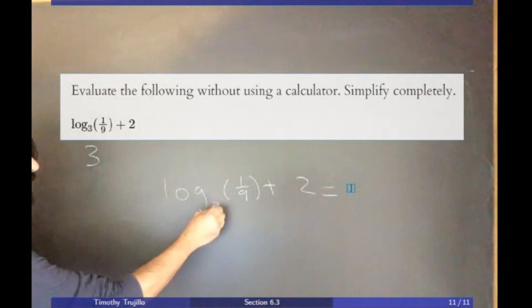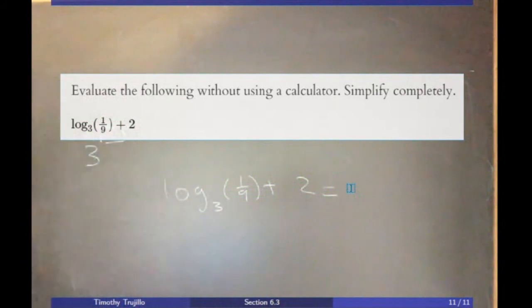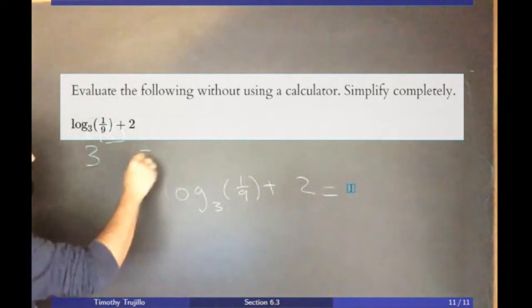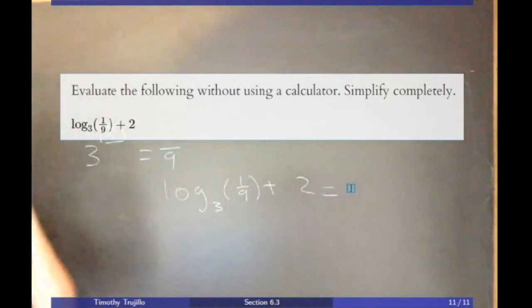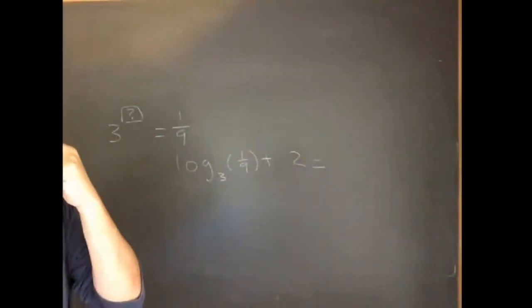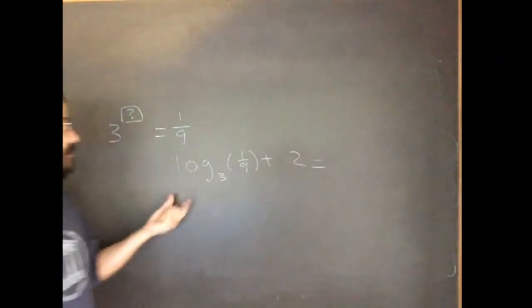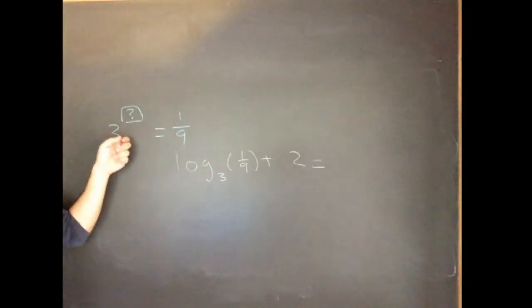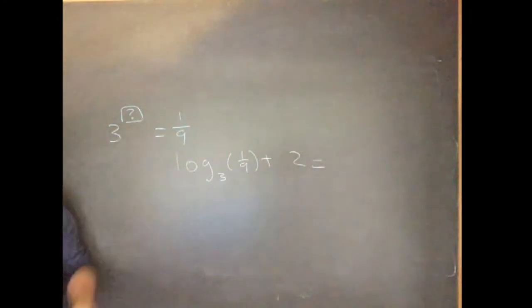And what we're asking is, what do we need to raise 3 to, right? What's the exponent here that would give us an output of 1/9? Okay, so if we're trying to evaluate log base 3 of 1/9, we want to ask ourselves, what do we need to raise 3 to a power of to get 1/9? Okay, so what goes in this box here in this question?